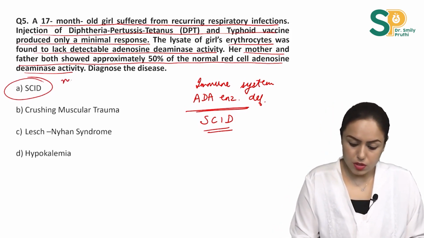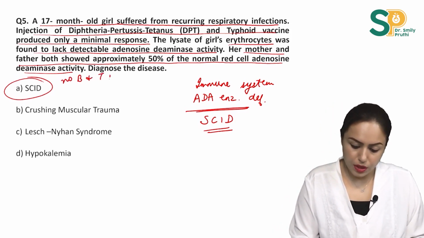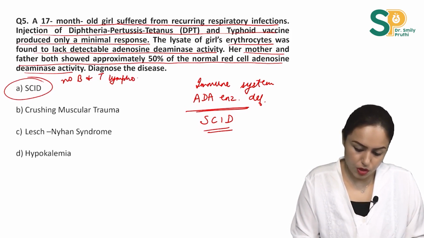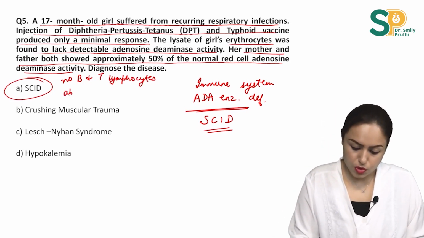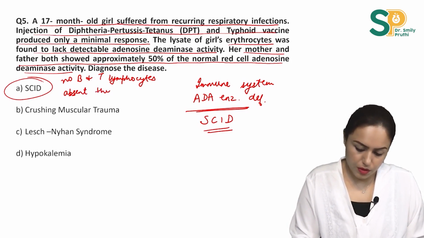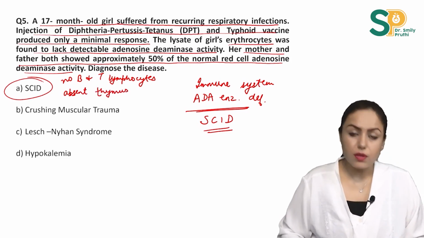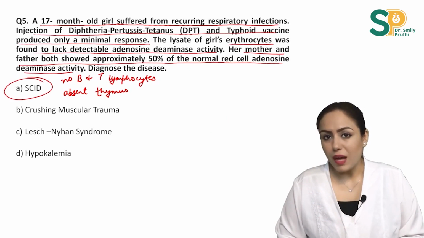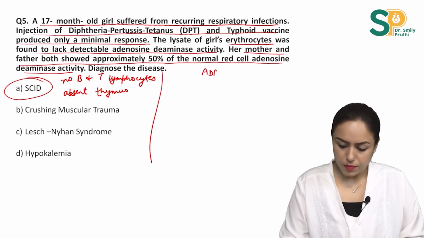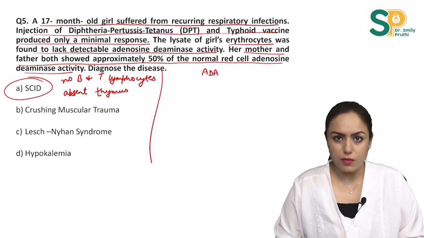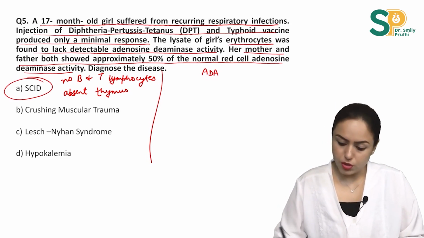In these patients, there are almost no B and T lymphocytes, almost absent thymus, right? Now, what happens to B and T lymphocytes? ADA enzyme is mainly found in B and T lymphocytes, and what is the function?